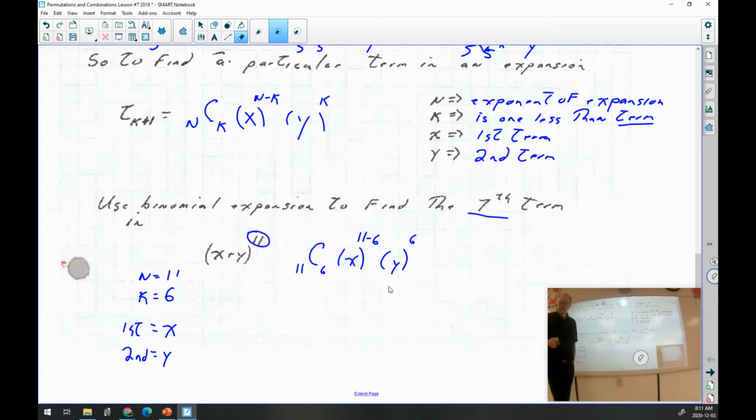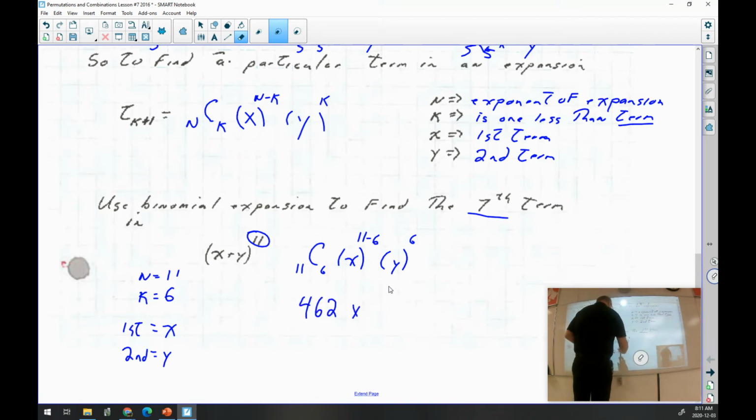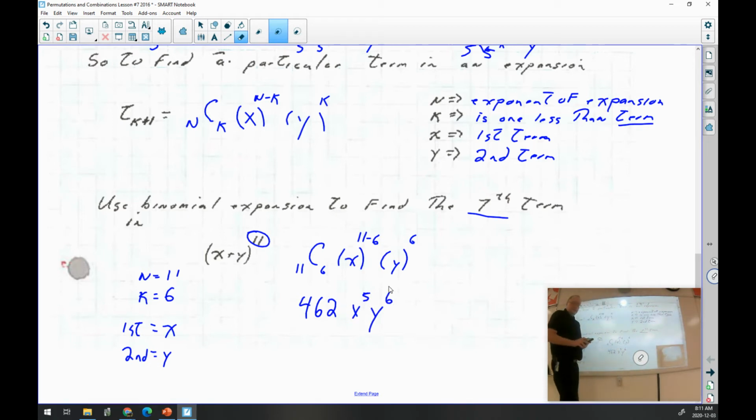So 11 choose 6, I have to go to my calculator for that. I'm assuming everybody else will also. Is 462. x to the 5, y to the 6. Much shorter than doing anything with the full expansion.